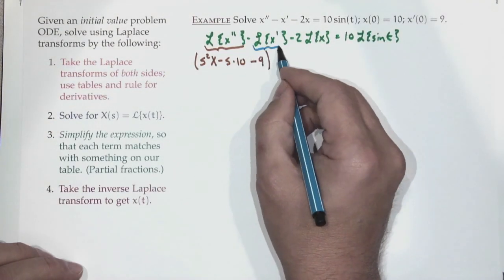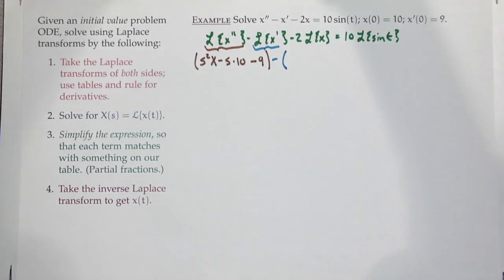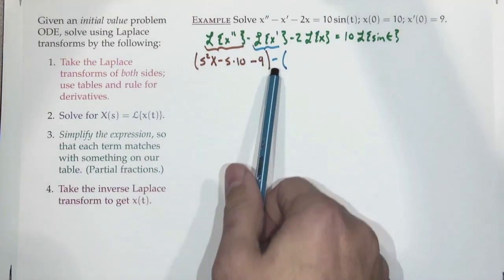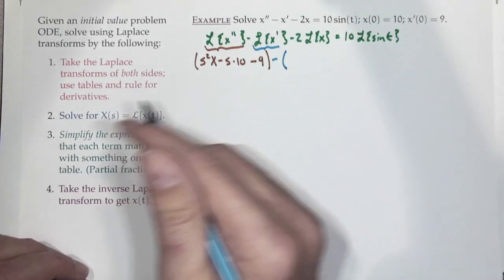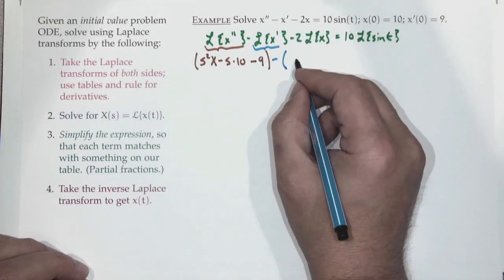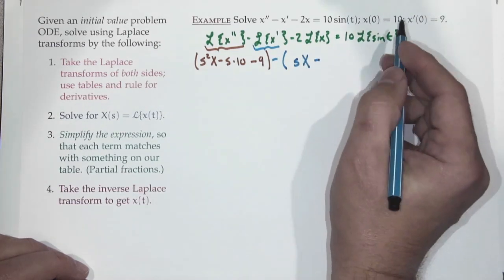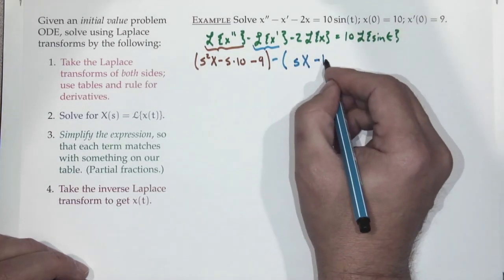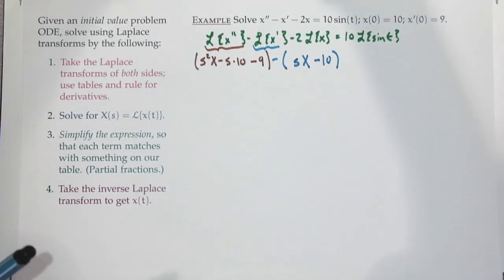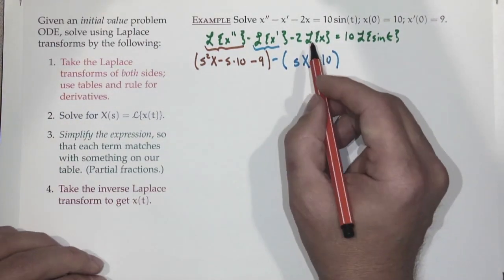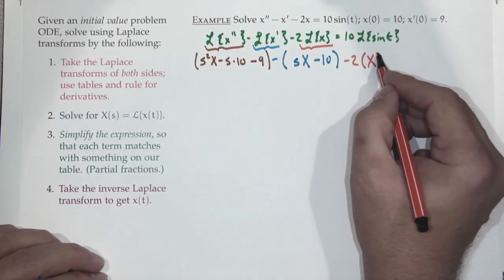And again, we're going to use our point-saving technology called the parenthesis, because there's a minus here. It could be easy for us to forget that minus. Same formula sheet, we look it up, and we see that x prime becomes sx minus x0, 10. And then we go to our last piece. So we have minus 2x.